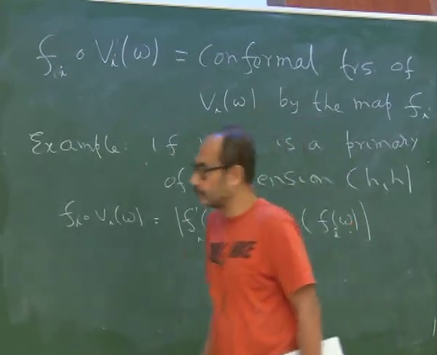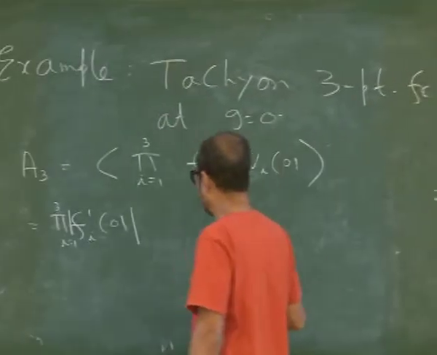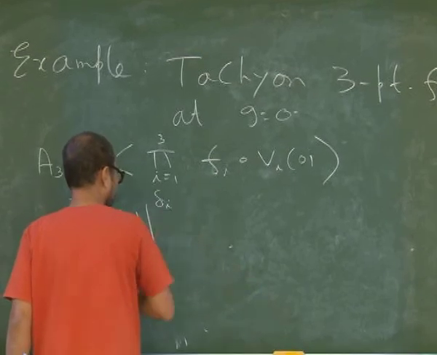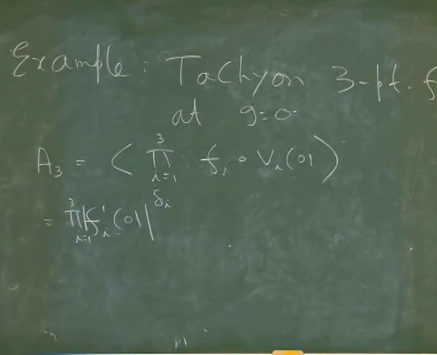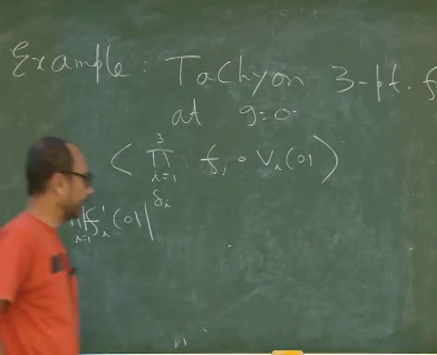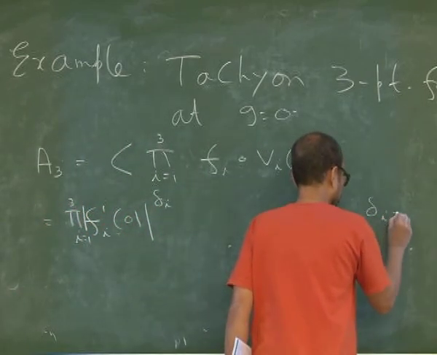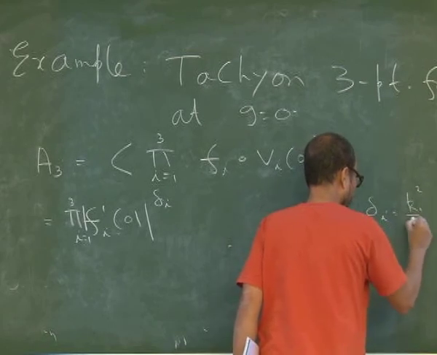I am using this formula over here. But 2h_i is nothing but Δ_i, the total conformal weight of this. Remember, Δ_i was k_i squared over 2 minus 2.